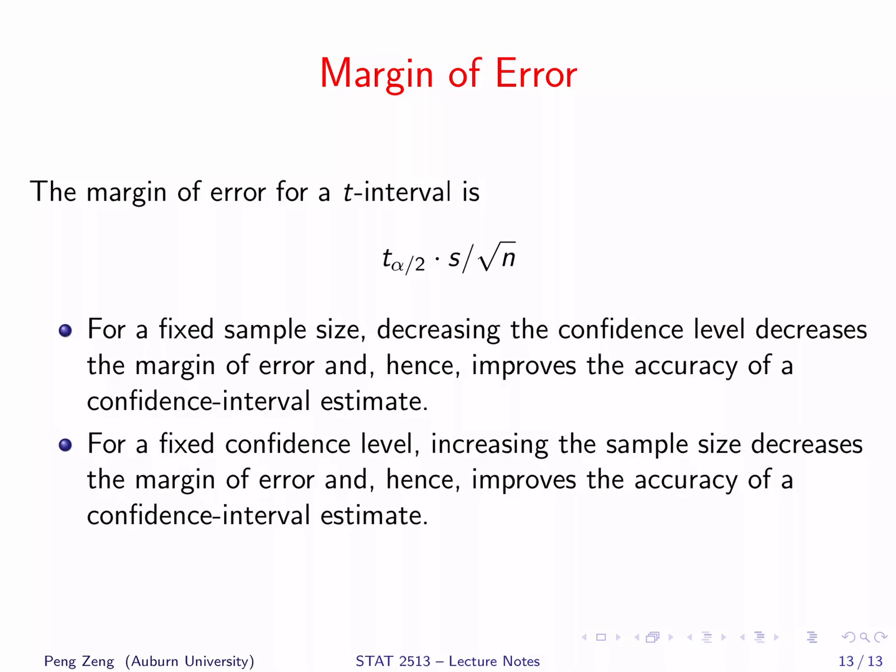For fixed sample size, decreasing the confidence level decreases the margin of error and therefore improves the accuracy of a confidence interval estimate. For fixed confidence level, increasing the sample size decreases the margin of error and hence improves the accuracy of a confidence interval estimate.